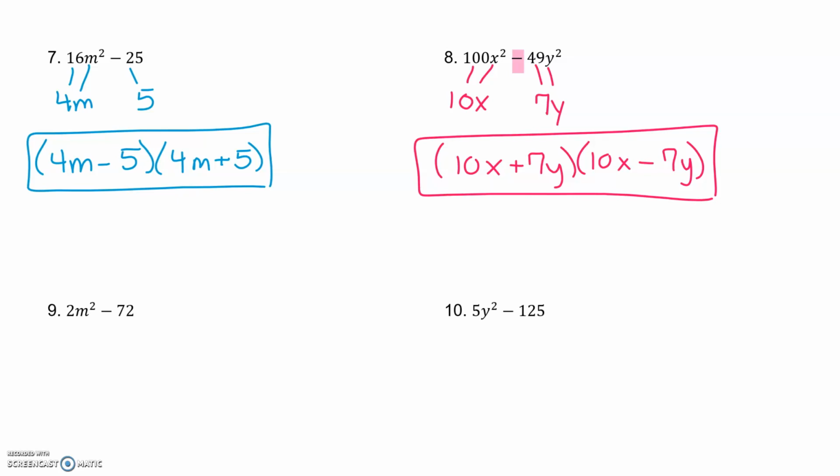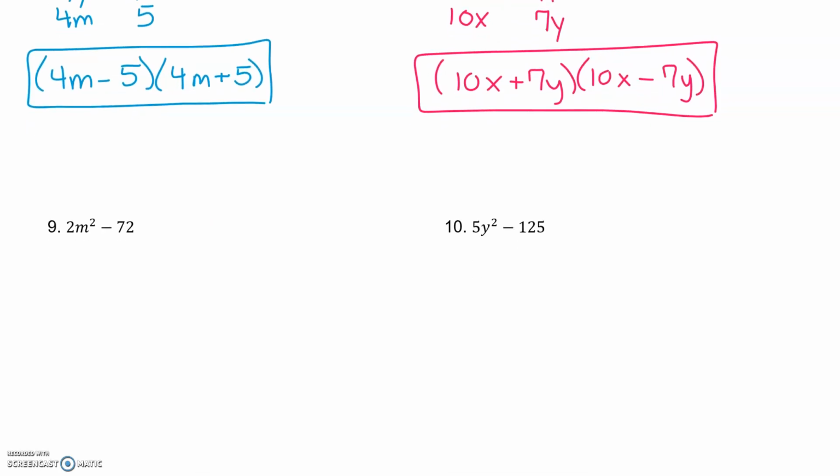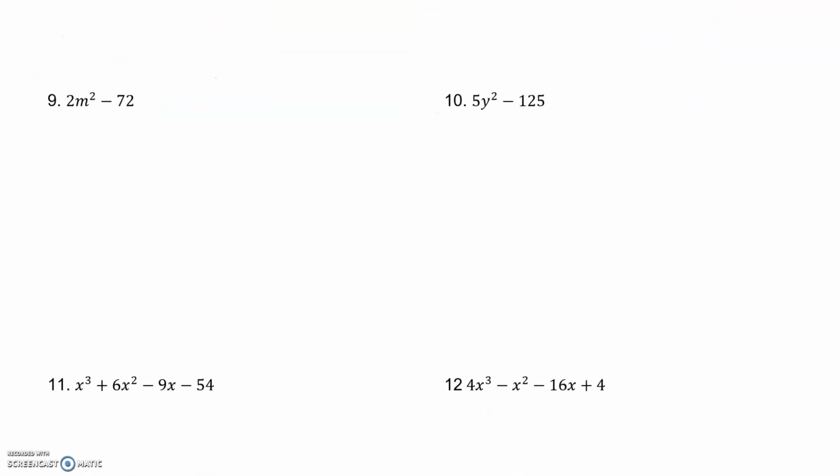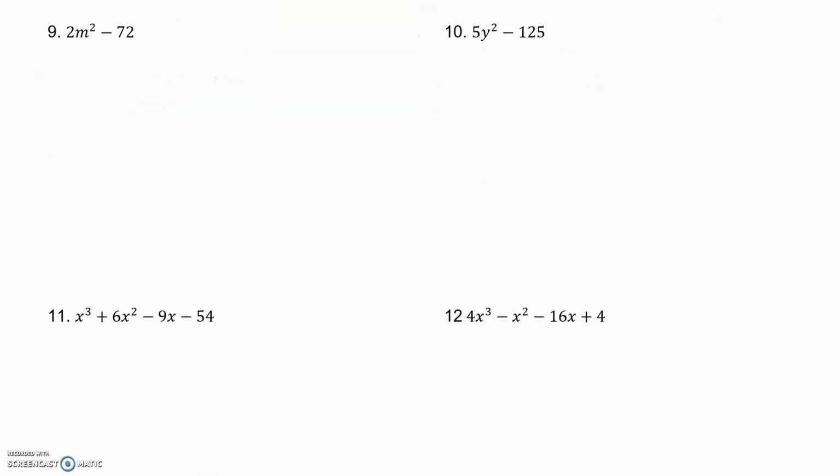Okay. When we get down to number 9, we're going to see something else that changes here just a little bit. Okay. When I start asking questions, I say, is it subtraction? Yes, it is. So now I need to say, is everything perfect squares? Well, I'm looking at the number 2, and I know for sure 2 is not a perfect square.